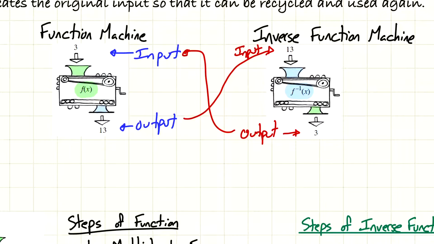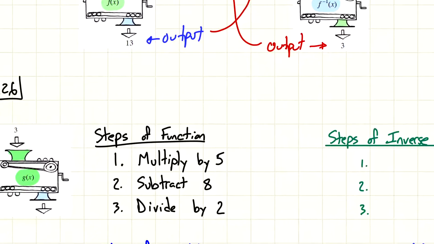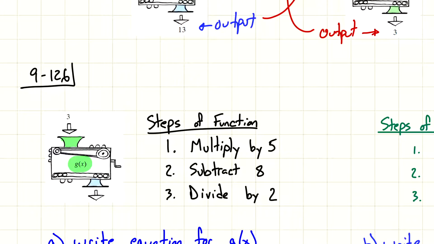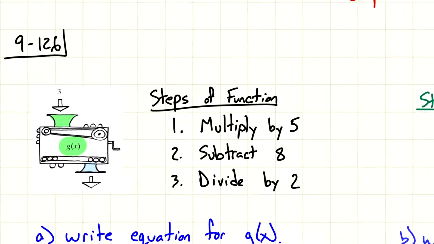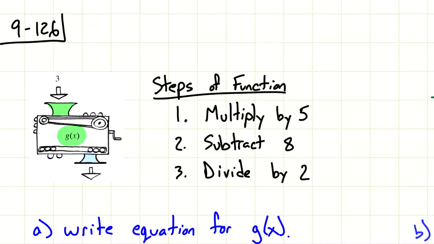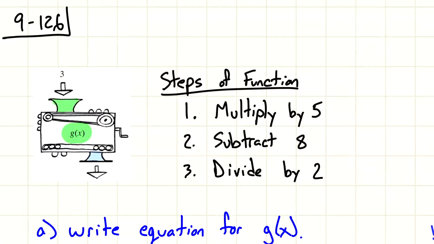So let's look at more specifics of a function machine and how it might be working. On this problem, we have this function machine that is taking the value of 3, and this function machine is called g of x.